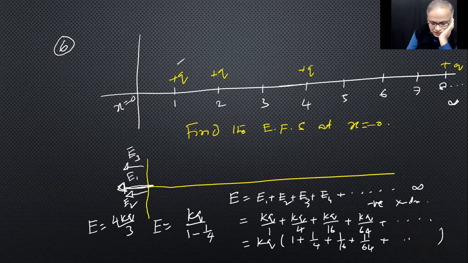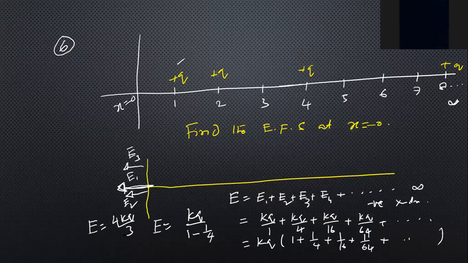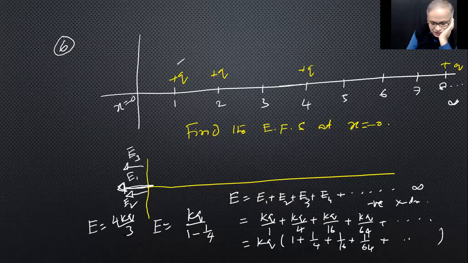X equals 1, 2, 4, 8, 16 like that, not alternates. Sir, will E at infinity be 0? Sure.